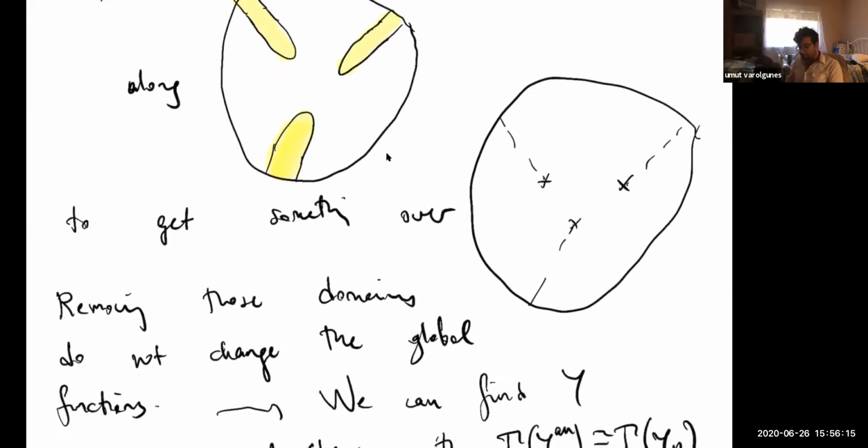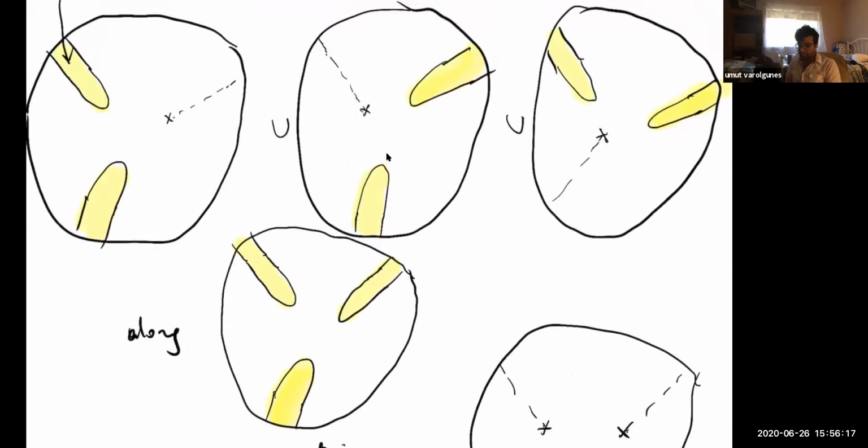And so what I want to say is that if you just look at the global functions, removing these yellow regions shouldn't change the global functions. So instead of gluing these subsets with yellow regions removed, you can also glue just each of these, which are analytifications of some affine space.